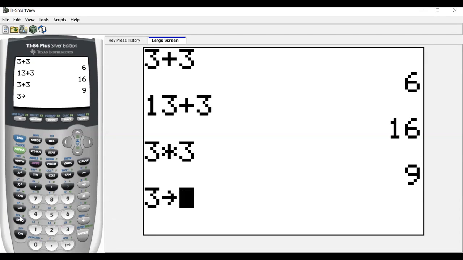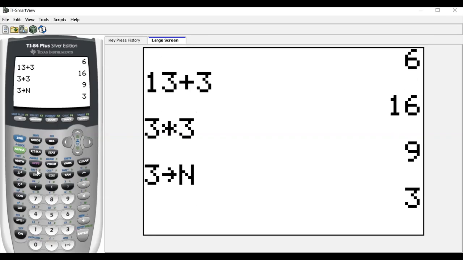So if we were doing 3 times n, or 3 store as n, we now need to hit alpha, so it will activate all of those little green letters that you see above the numbers. And n is actually right here above the word log. So 3 stow n, and now whenever we type in an n, it will always be a 3 until we tell our calculator to do something else.